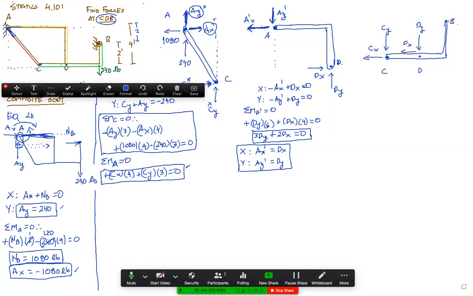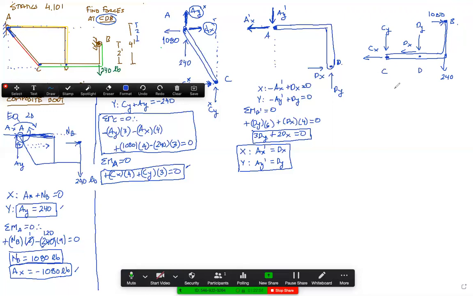And for B, I already know what's happening: I have a roller, and I already know that this thing is 1080, and don't forget about your 240-pound force. So that's what you have over there.